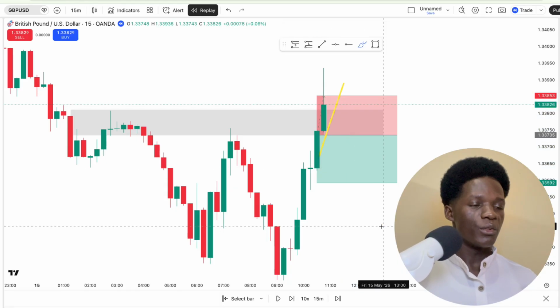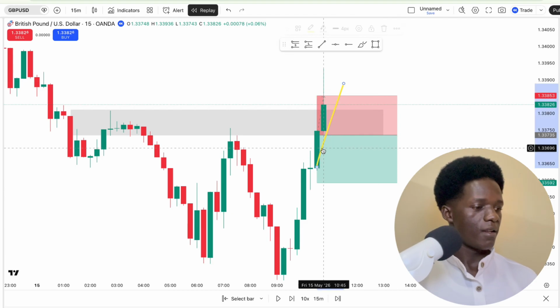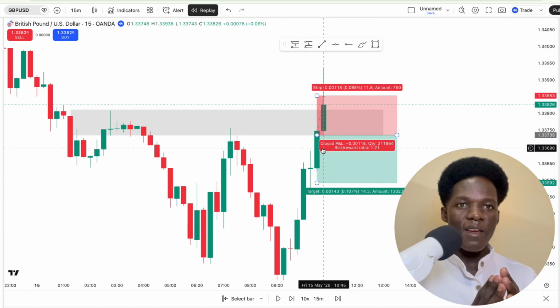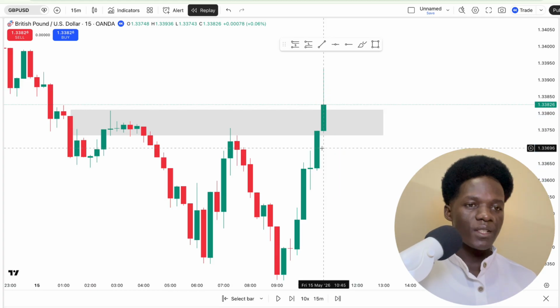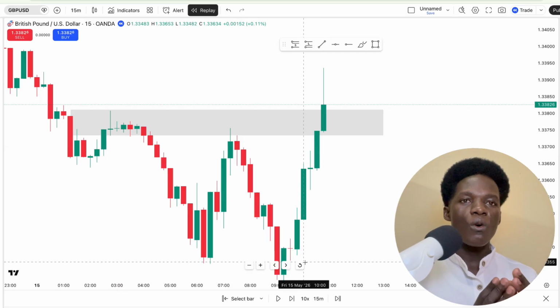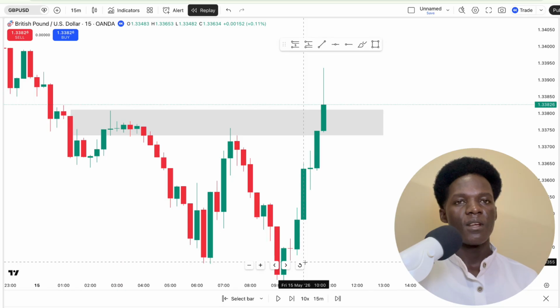So what do we do next here? Don't enter immediately when the price reaches your key level. What you do, you wait for confirmation. What is the confirmation? Don't worry, I'm going to show you.